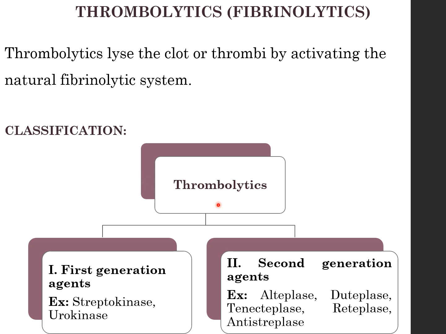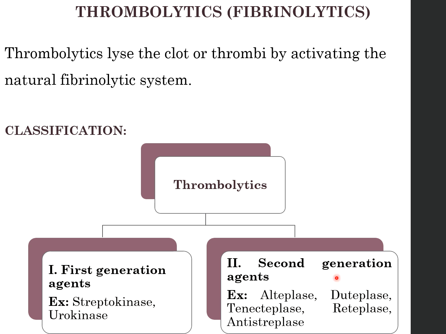Classification. Thrombolytics are mainly classified into two types: first generation agents and second generation agents. First generation agents, for example streptokinase and urokinase, were the very first drugs used for the treatment of clot-related diseases.